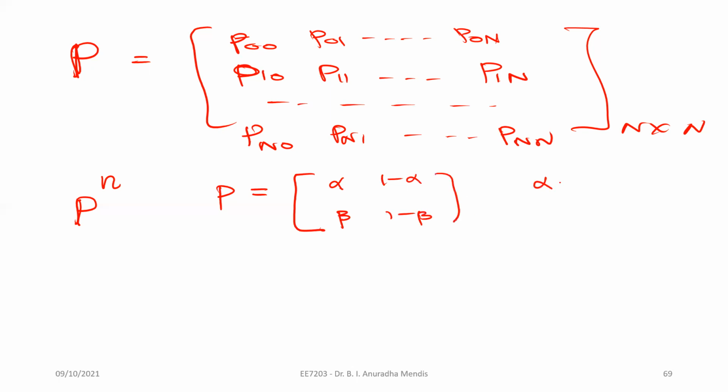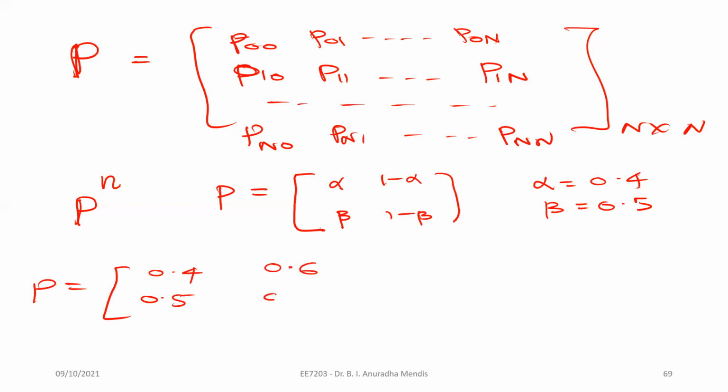Let's say alpha equals 0.4 and beta equals 0.5. Then this will become 0.4, 0.5, 0.6, 0.5. Okay, so this is the transition probability matrix.